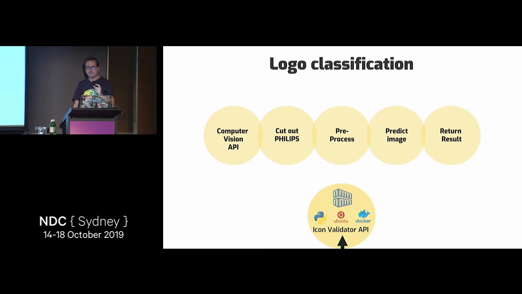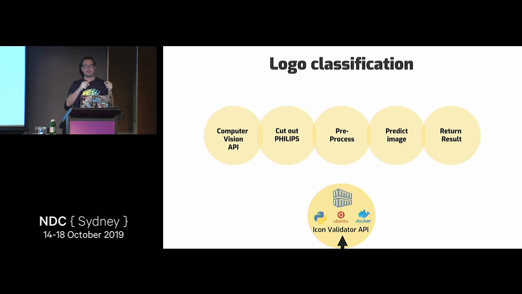This logo classification is also running in its own Docker container and is available with an API. We use the computer vision API to scan for the word Philips and cut the word Philips out.